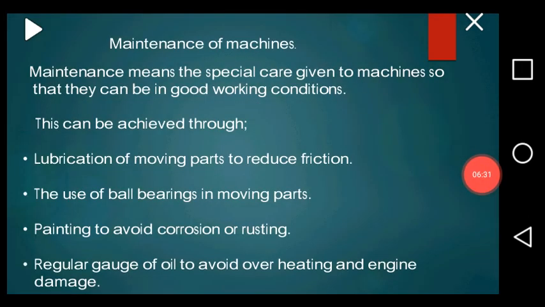Next, we'll look at care and maintenance of machines. Machines are very important and need to be serviced regularly. To reduce the rate at which these machines break down, we need to service machines regularly.